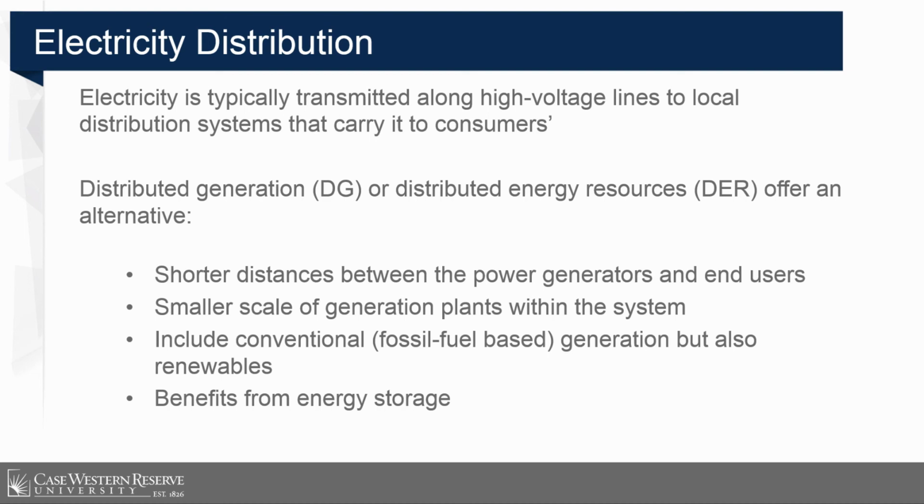And then because we have smaller scale power being generated, we can use smaller scale energy storage solutions, which are much more attractive from a technological standpoint, but also from an economical standpoint too, at least based on the current technologies available in the industry today.